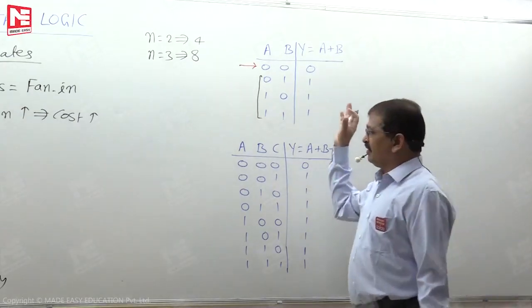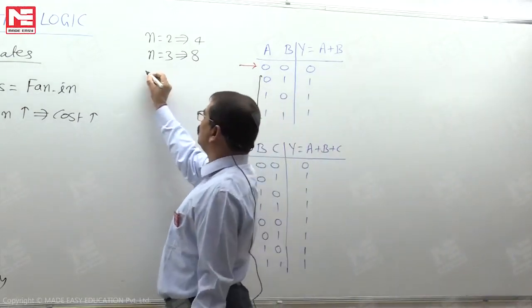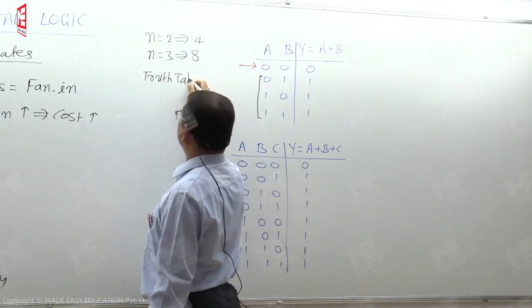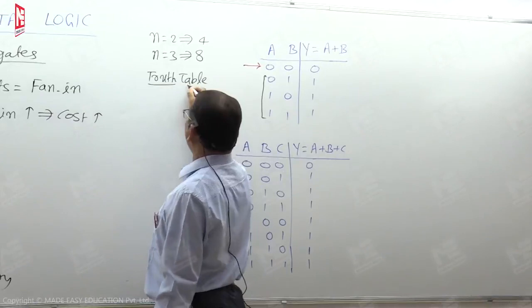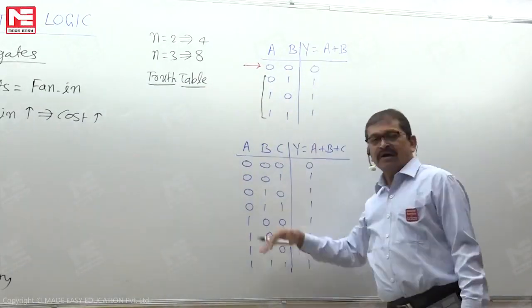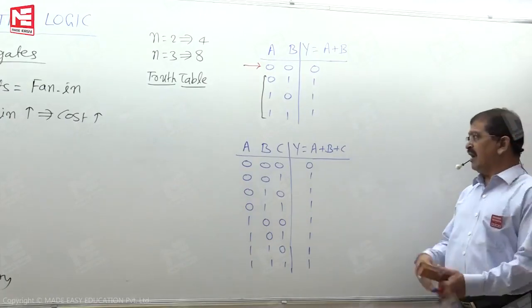These tables are named truth tables. What we are doing here is listing all possible combinations of the variables along with the result.